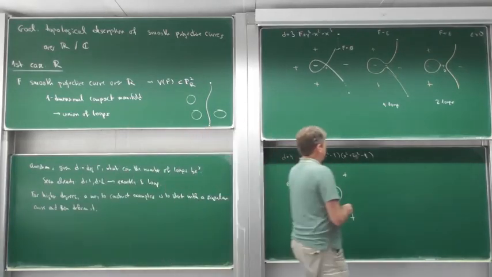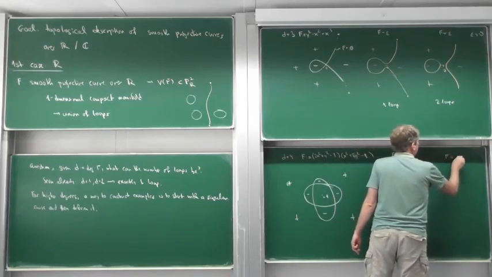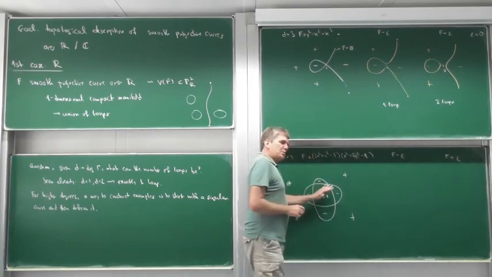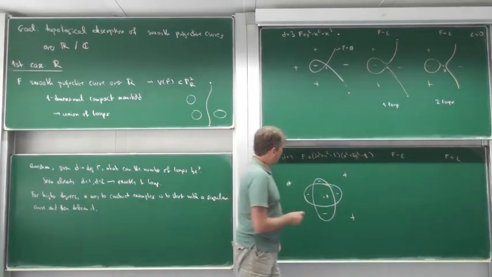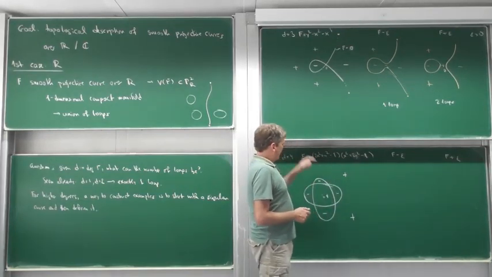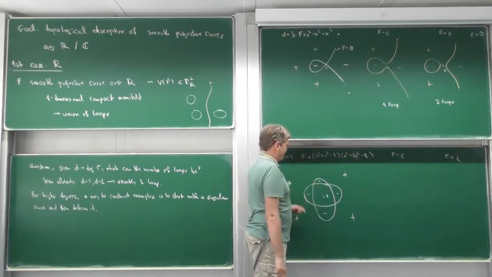Now you just change f to f minus epsilon, f plus epsilon. And that again means that the curve will not really change very much, but the singular points will go away. In such a way that for f minus epsilon, the points where before we had a 0 value will now have a negative value.